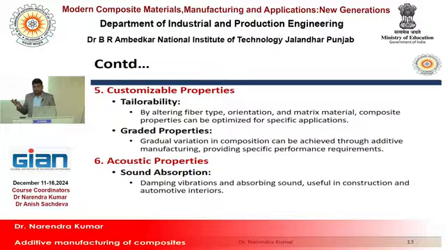By using injection molding, or any other process, you cannot do it. But with 3D printing, this is possible. Gradual variation in the composition can be achieved. This is one of the areas that is very popular now. Functionally graded structures, FGS or FGM, material. So this is a very new area where people are working.